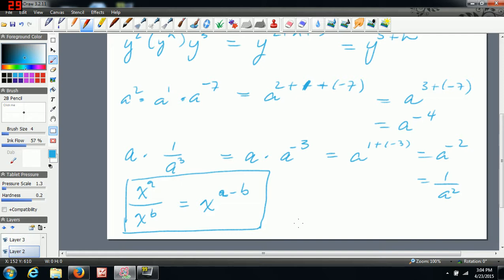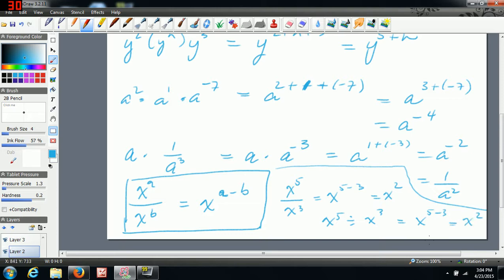So if you had, say, x to the 5 divided by x to the 3, that would just be x to the 5 minus 3, which would be x to the 2. So again, you're dividing, so you subtract the exponents.